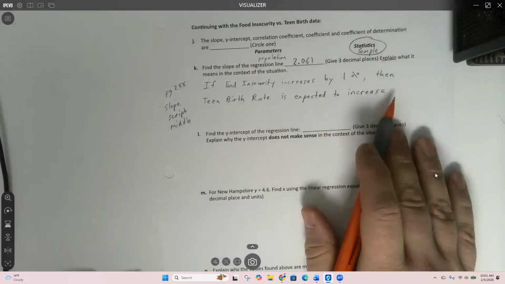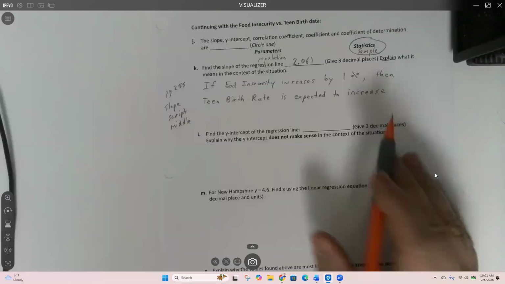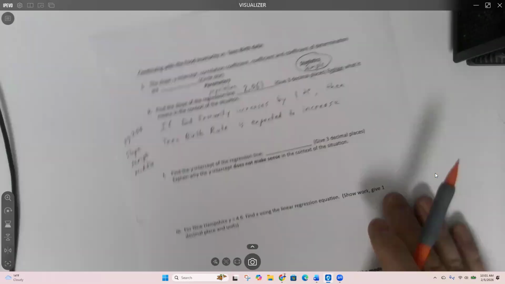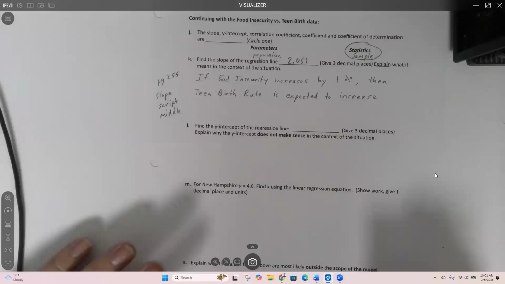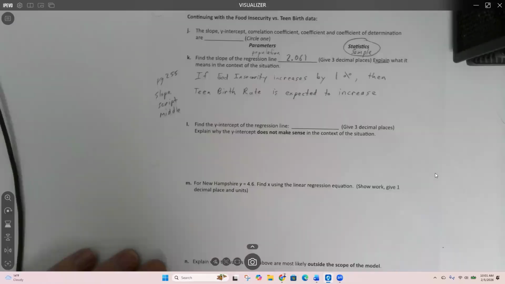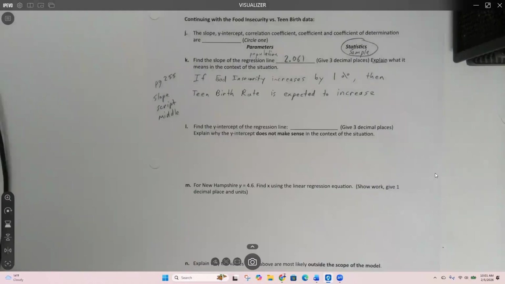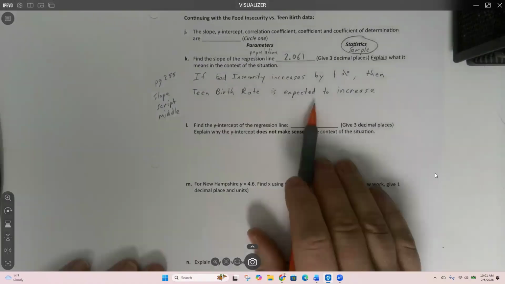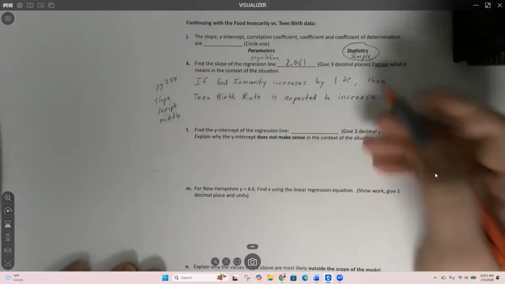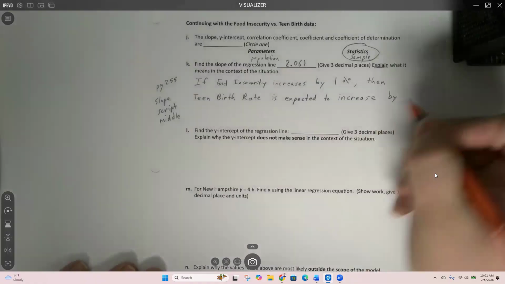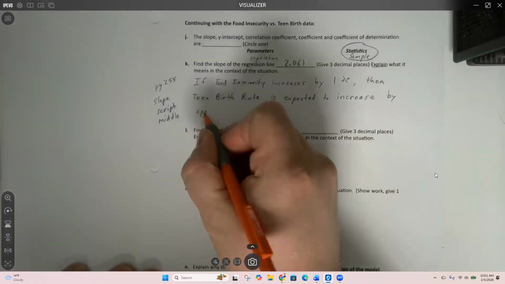And then when I get to this spot, I would drop the negative, okay? I'm not sure if we have an example of that today, but I think we have an example that we'll talk about next time. So don't worry, I'll show you what that looks like. Increase by approximately.